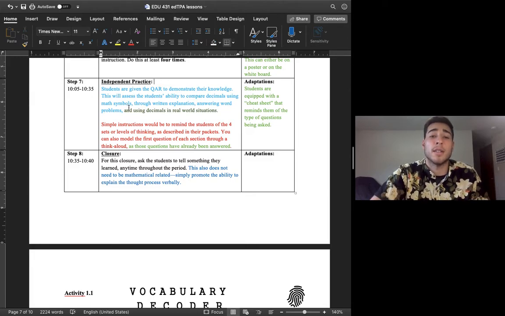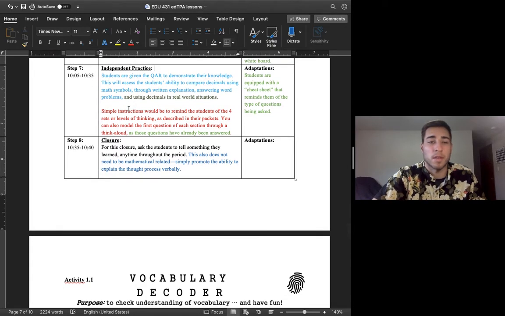And then just using decimals in a real world situation is really important, again, for them to understand why we're doing this, what it means for them, and just the importance of it.